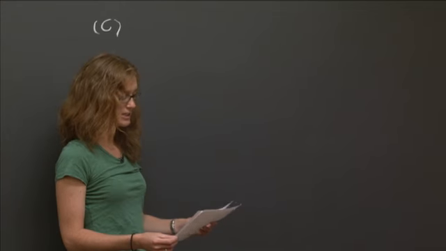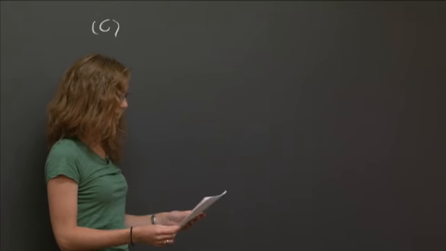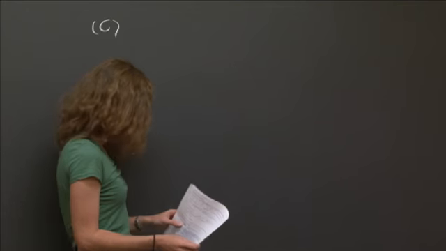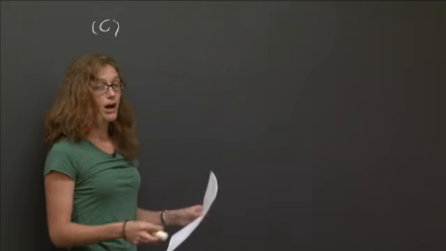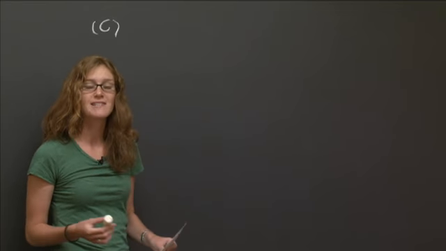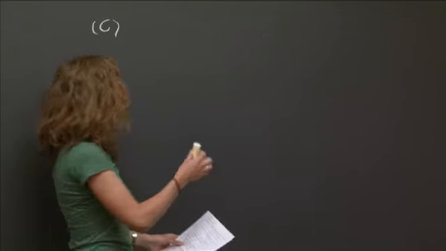So now on part C, we are asked to classify each of the following as a Lewis acid or a Lewis base. Now, first we need to remember what a Lewis acid and a Lewis base are.